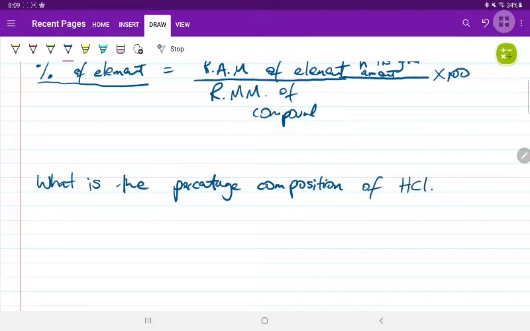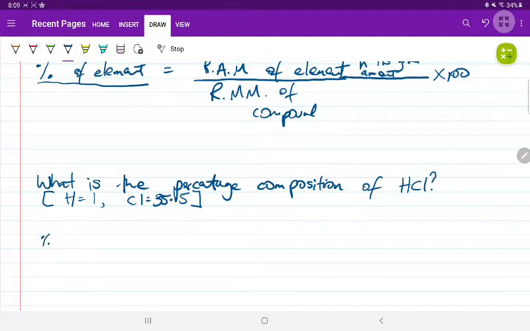Let's do HCl. Okay, and again, because you're dealing with masses and you need the RAMs and the RMM, that information will be given to you. So this is the formula that you are going to need.